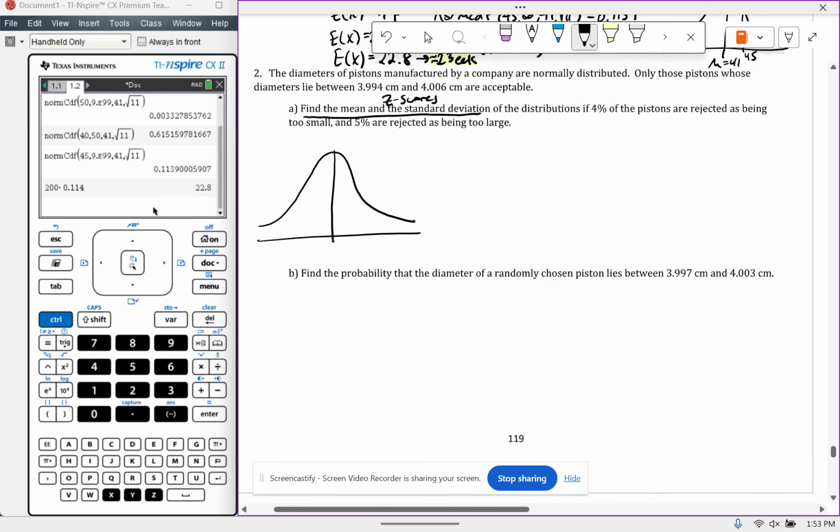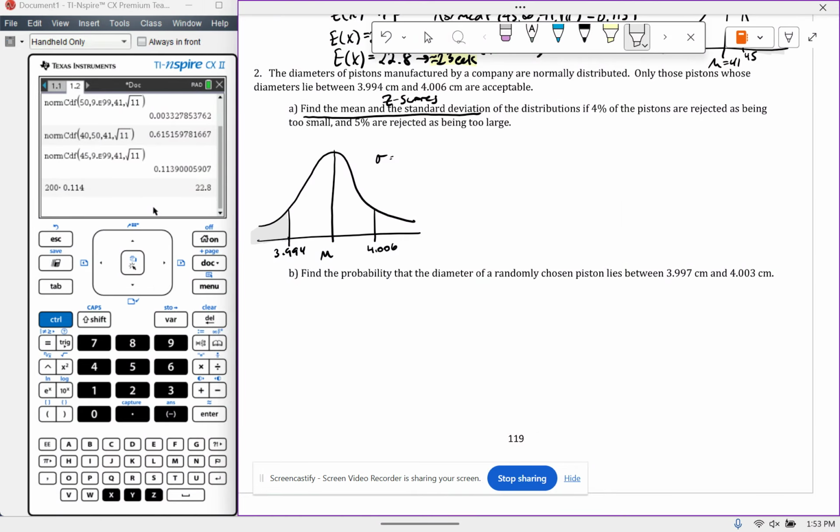I don't know what the mean is, but I'm gonna pretend. And I don't know what the standard deviation is, but I'm gonna pretend, just because it's a habit. Now I'm gonna put the clues on there. I've got 3.994, and then I got 4.006, right? And it says 4% of the pistons are rejected as being too small.